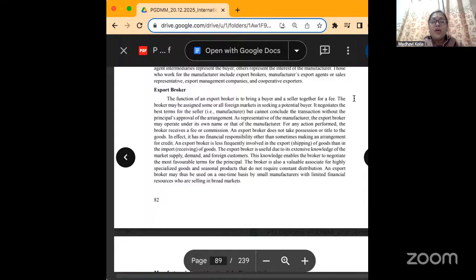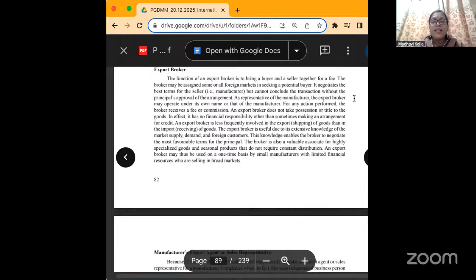But they cannot conclude the transaction without the principal agreement in writing of the manufacturer. So they are only acting as an agent, as we understand. However, they're trying to bridge the link between a manufacturer and a potential foreign buyer. Now, when we talk of a potential foreign buyer, we've already understood that it can be a distributor, a wholesaler, or even an end user in a foreign market.